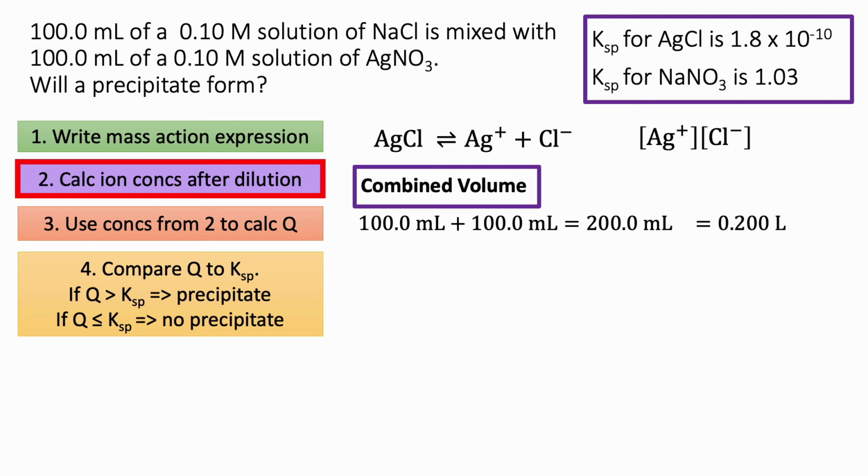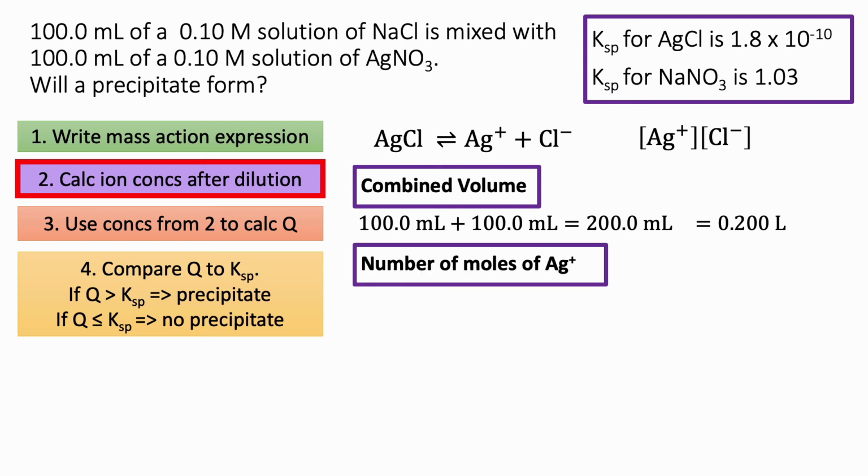And I've converted that to liters because at some point we're going to have to divide by a number of liters. Next, we're going to calculate the number of moles of silver ion. Originally we had 100 mL of 0.10 molar solution, so we're going to multiply those two, and you can see that the liters will cancel out.